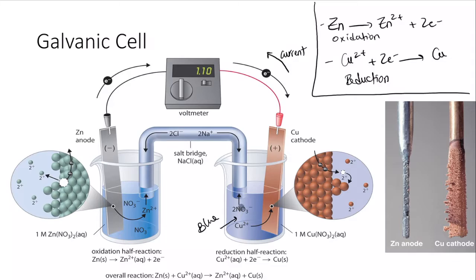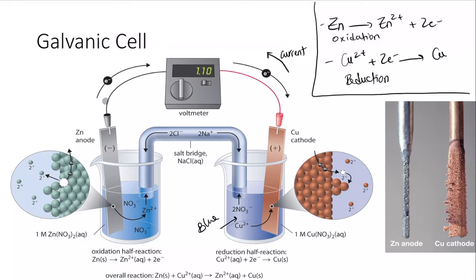Now I want you to know that the sense of the current is always the opposite of the electron flow. So if the current flows from Cu to Zn, then the electrons will flow from Zn to Cu. Okay? The transfer of electrons does not take place directly between the reactants here, as we talked about in previous examples.